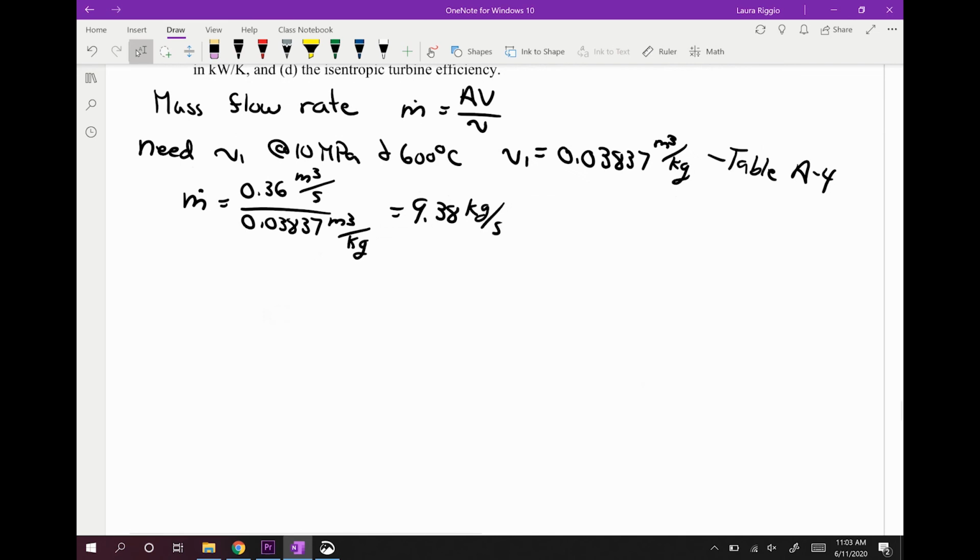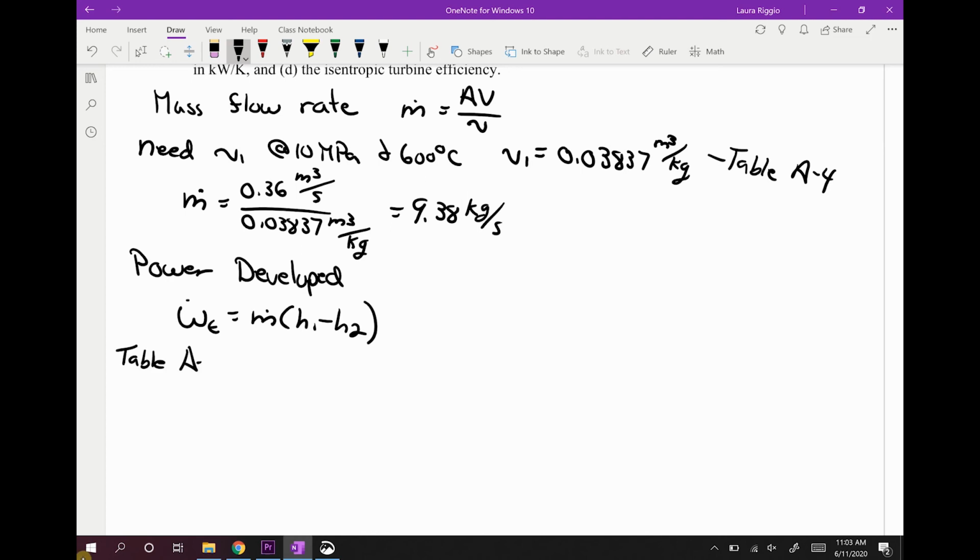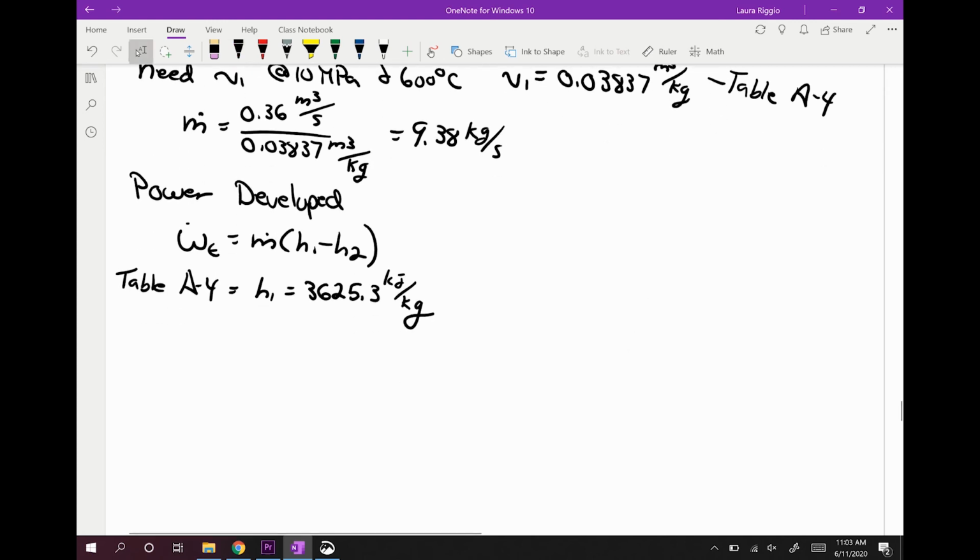So next we need our power developed. The work for our turbine is our mass flow rate times our change in enthalpy. From table A-4, I get my h1.